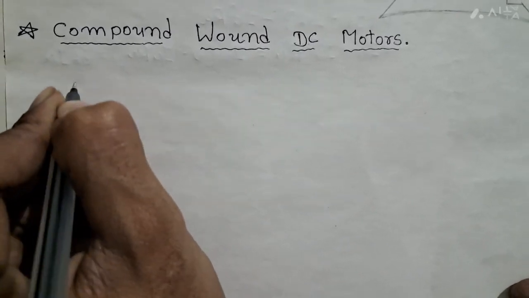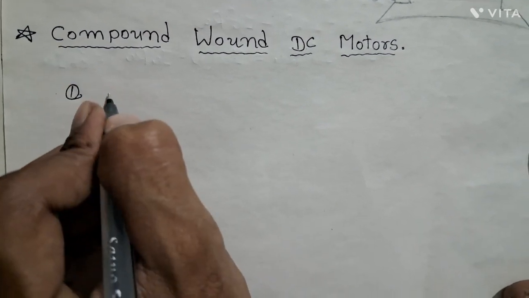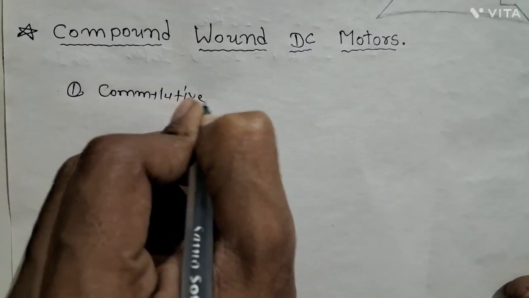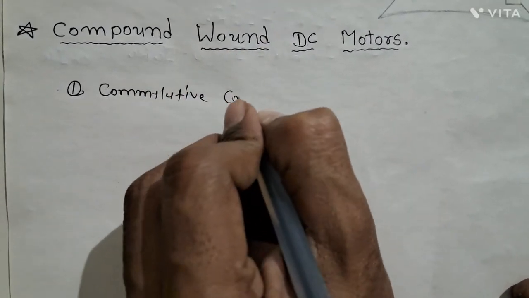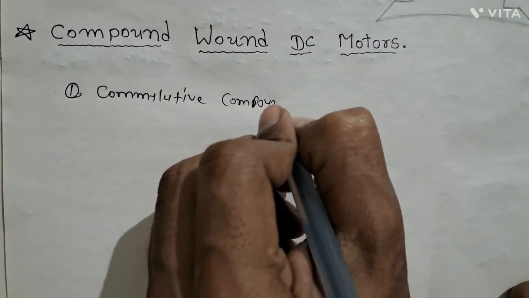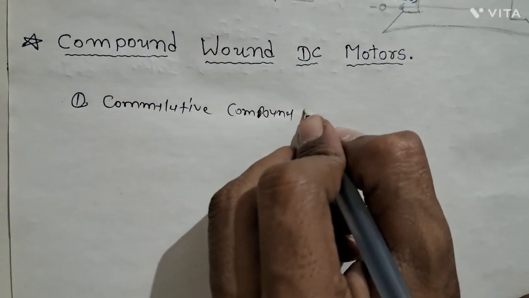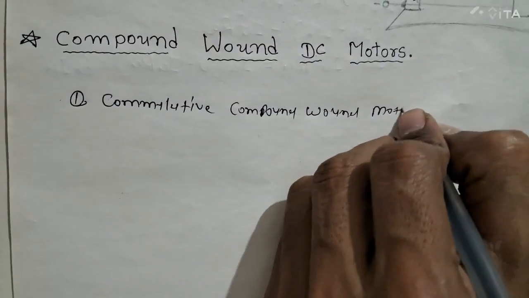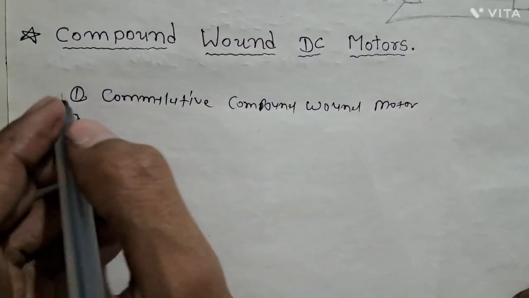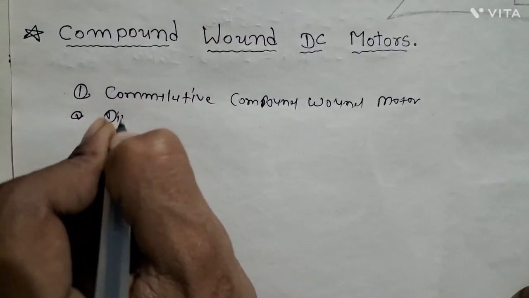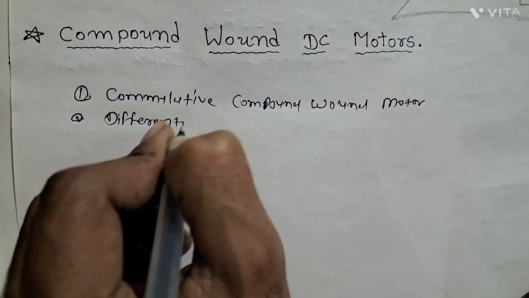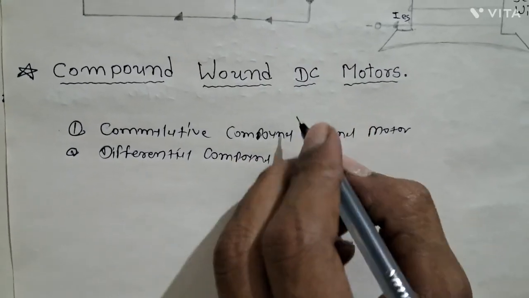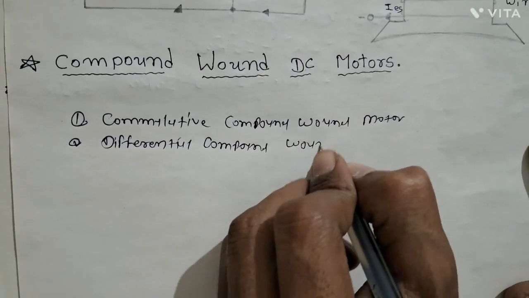The first type is the cumulative compound wound motor, and the second is the differential compound wound motor.